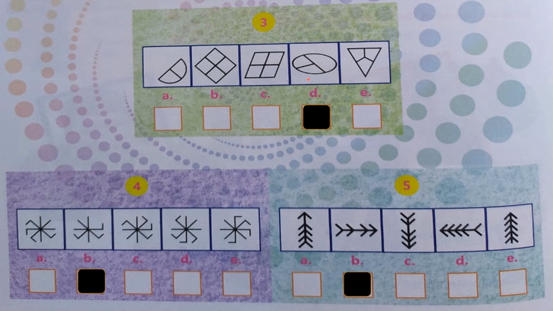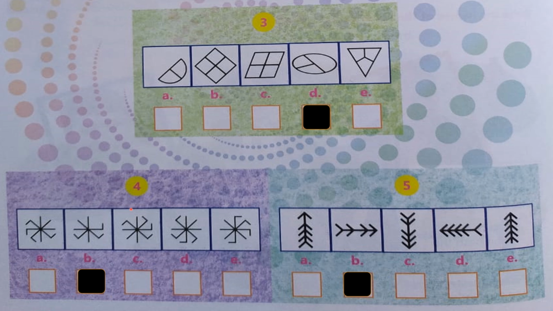But in D, you can see that this shape has not been divided into 3 equal parts, but one is not equal to the other two. In the E pattern, you can see this shape is divided into 3 equal parts. So which one is the odd one? D. So the answer is D.